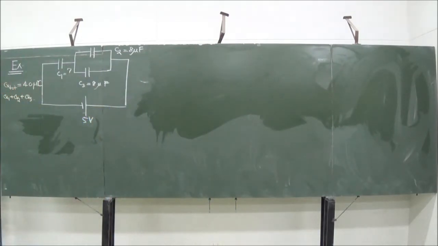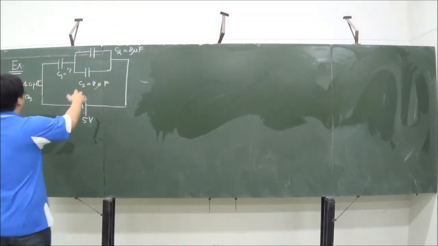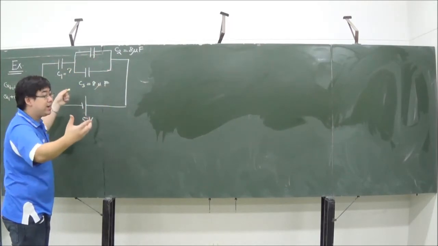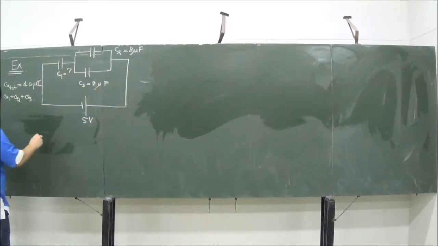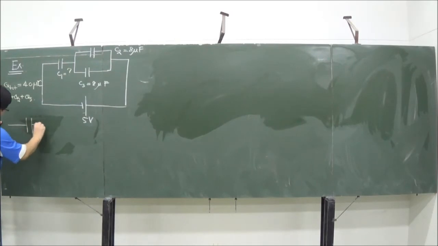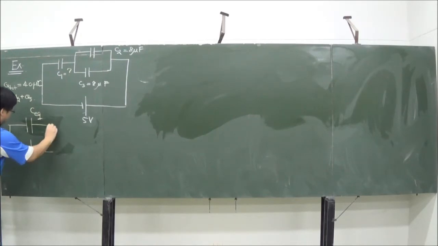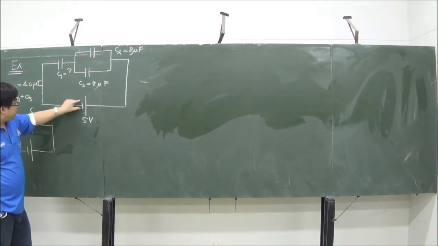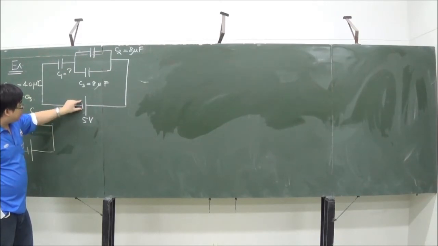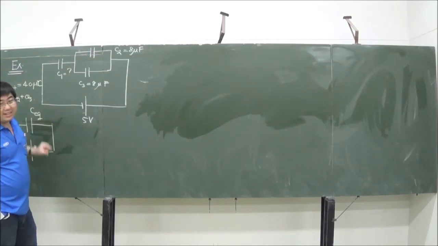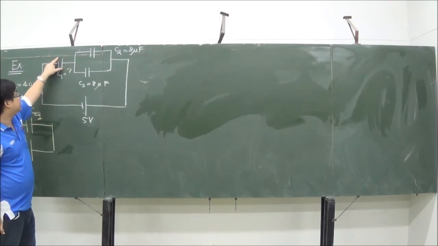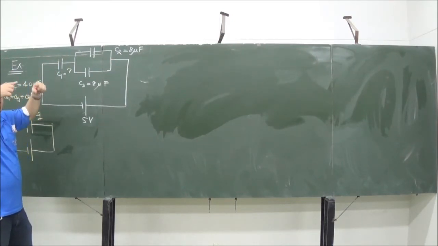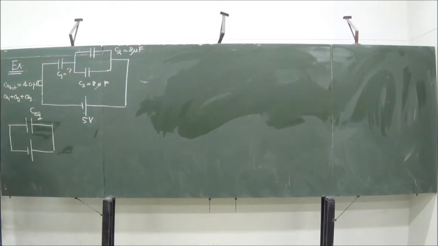So you see that we can view these three capacitors as one equivalent capacitor. So here I've got C equivalent and it's connected to a battery. The symbol for a battery also has two lines, but one is shorter than the other, unlike the capacitors, which have two parallel lines of the same length.